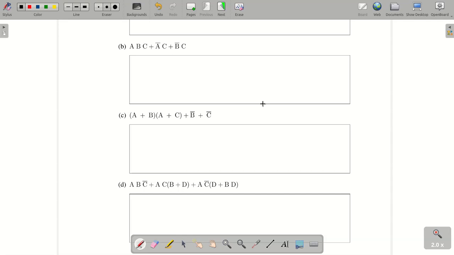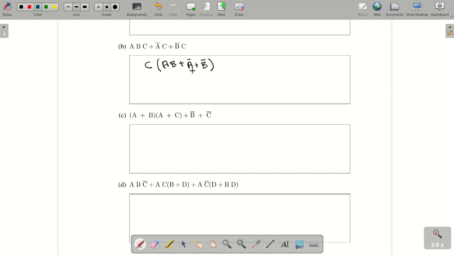So it looks like the easiest thing to do would be to first find the common term, which is C. So let's take C out, and then we're left with A, B, or A bar, or B bar, right?